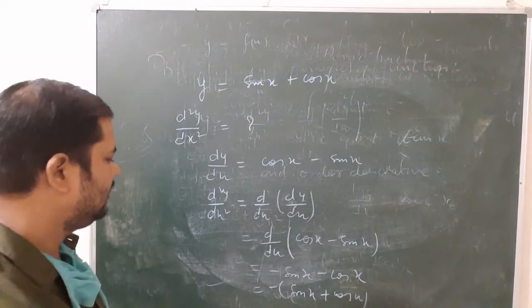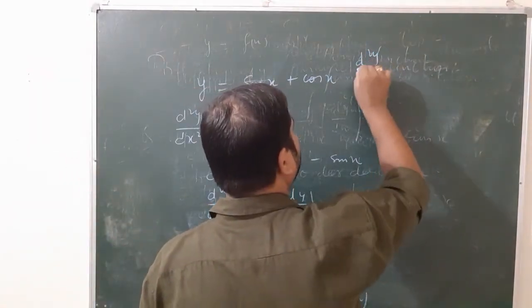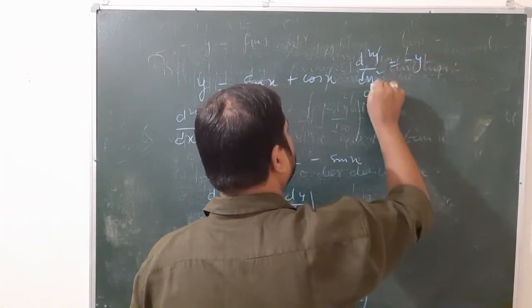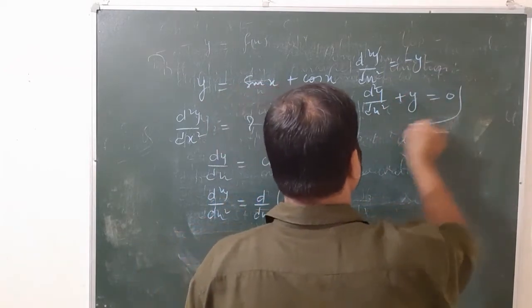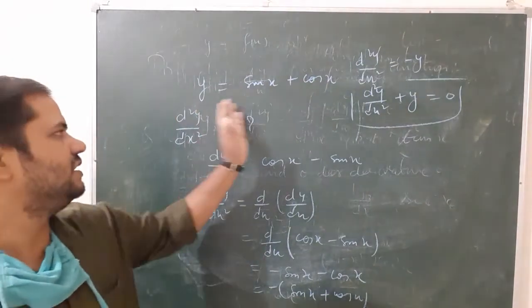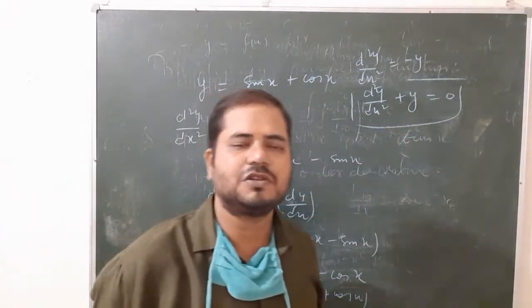Since that is y, we get d2y over dx2 is minus y, so d2y over dx2 plus y is equal to 0. This is the proof: suppose y is equal to sin x plus cos x, then prove that d2y over dx2 plus y is equal to 0.